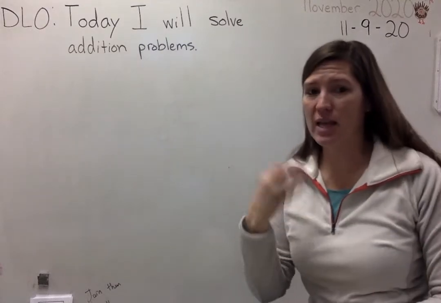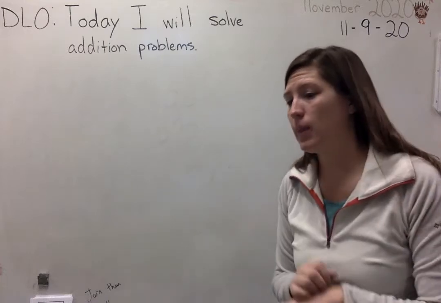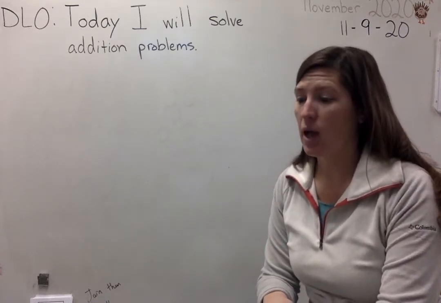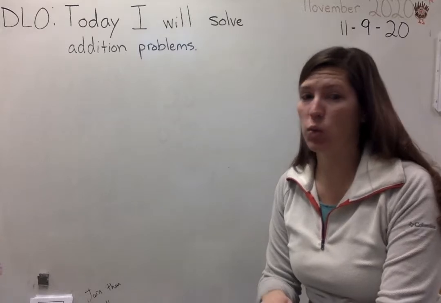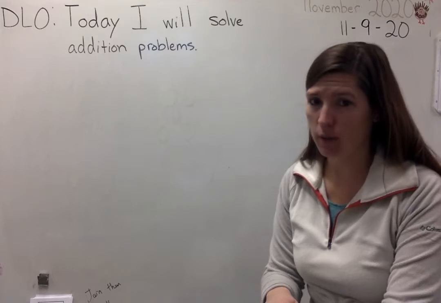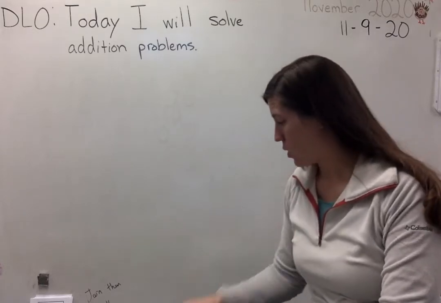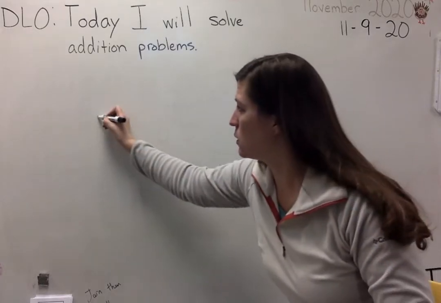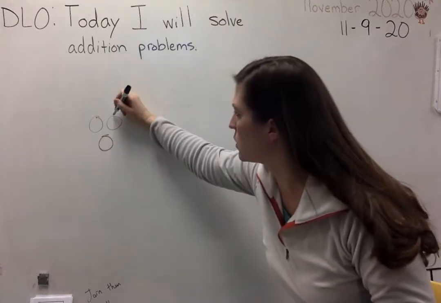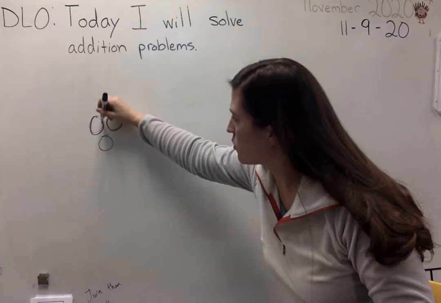This time I'll say a story and we'll draw it. I have 3 cookies. I found 3 more cookies. How many cookies do I have in all? I started with 3 cookies. 1, 2, 3. You can see that? Push harder.